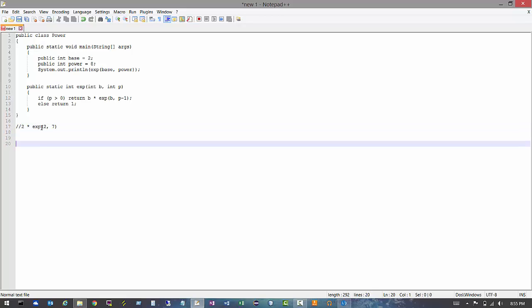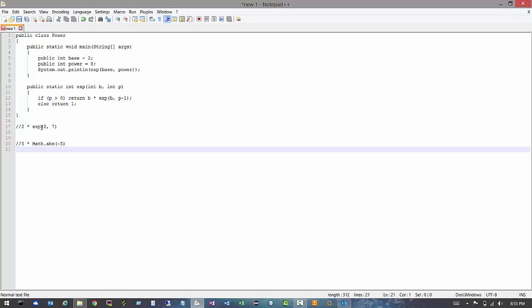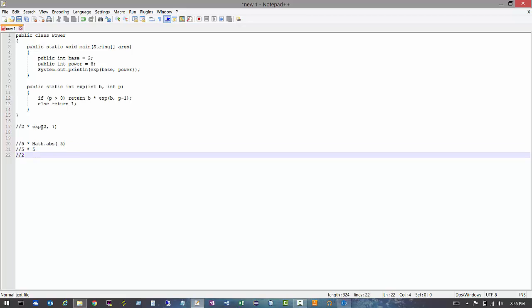Now, one of the ways I'd like you to think about this, if I told you we had 5 times Math.abs(-5), you would understand that is 5 times 5, because the absolute value of negative 5 is 5, and that we would ultimately have 25 as the answer.